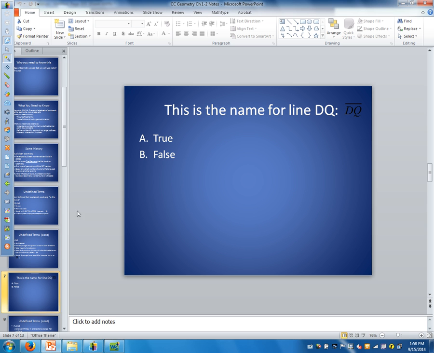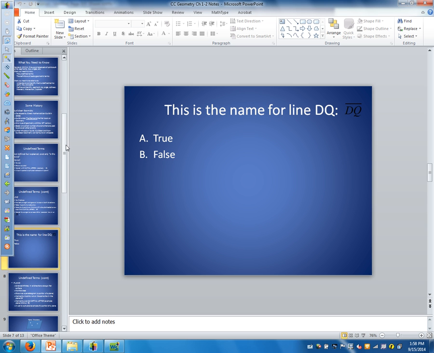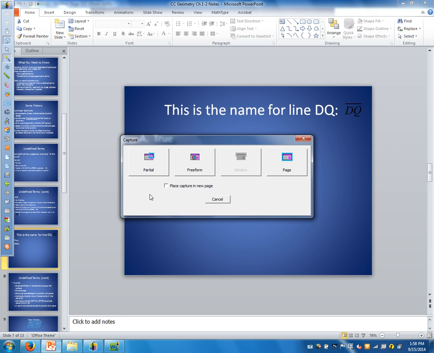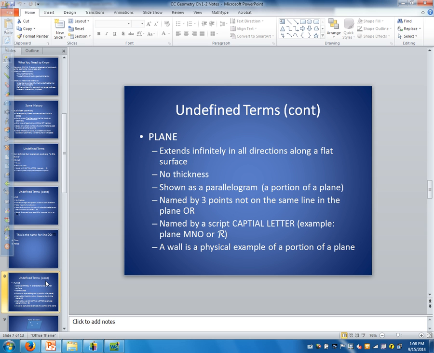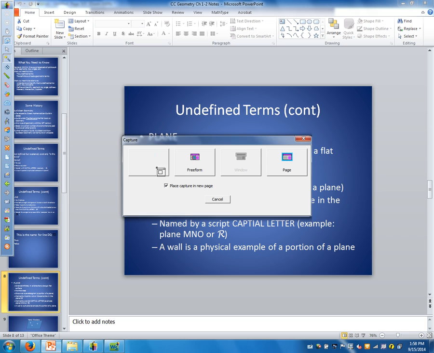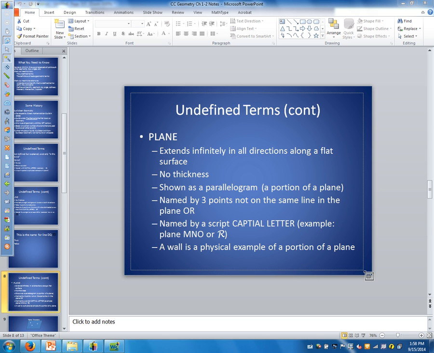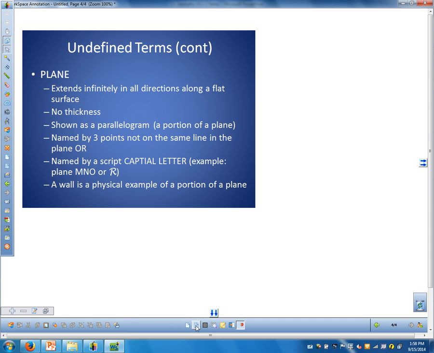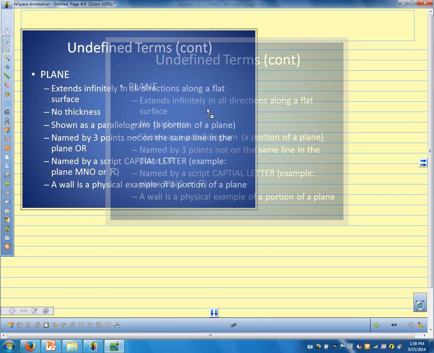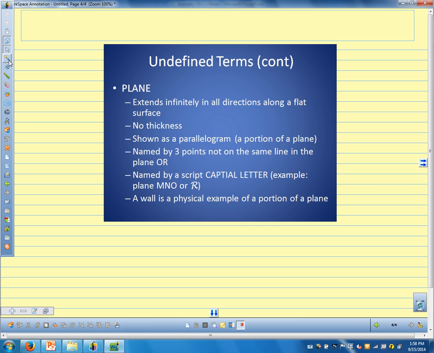All right. Our next undefined term. Our last of our undefined terms is a plane. So our term is a plane. Important characteristic, it's undefined, so it doesn't have a technical definition.